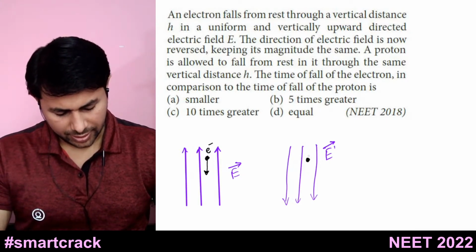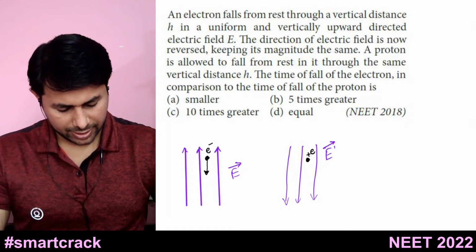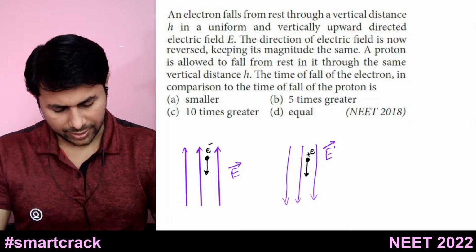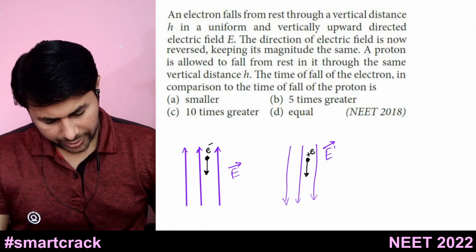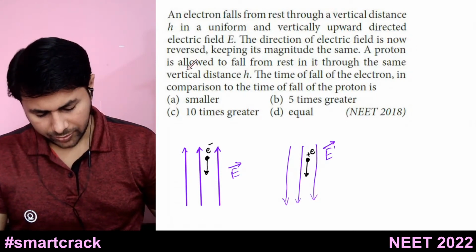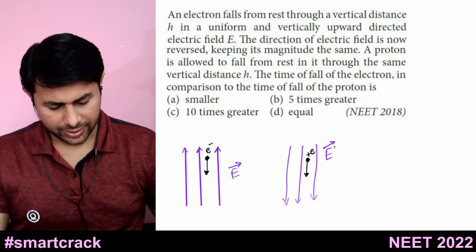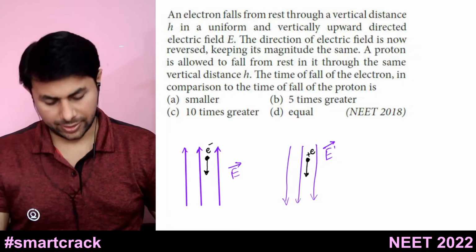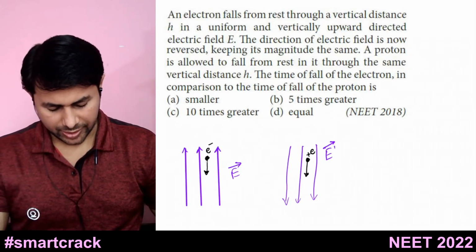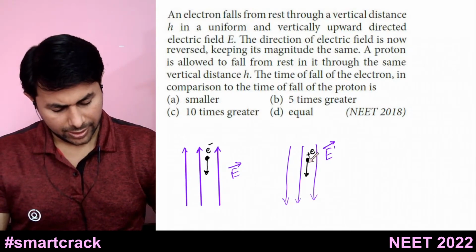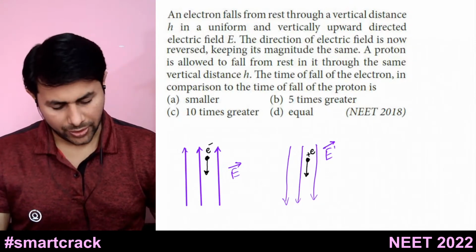So it is plus e charge, but its mass will be much more, right? The proton is allowed to fall from rest in it through the same vertical distance h. So the distance by which this electron falls is equal to the distance to which the proton falls.